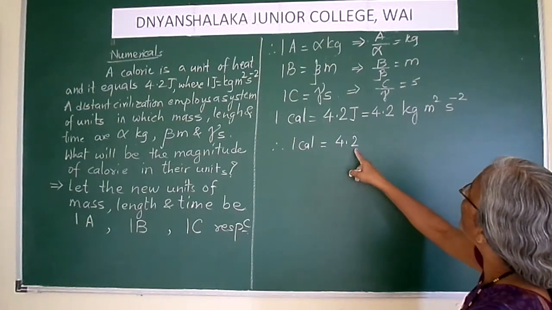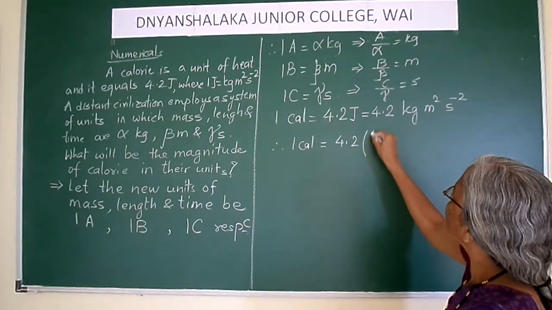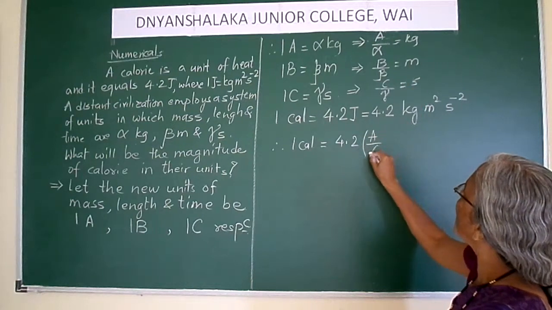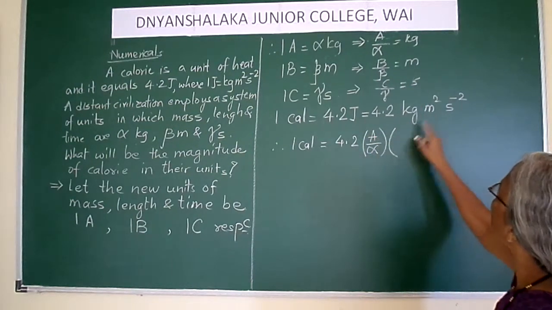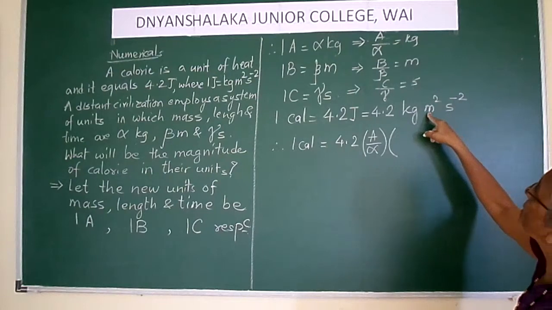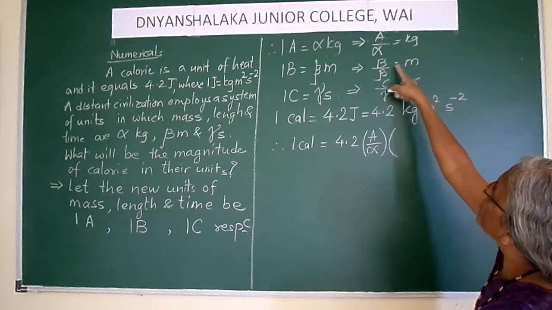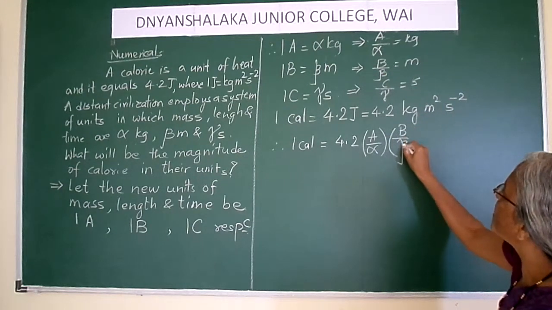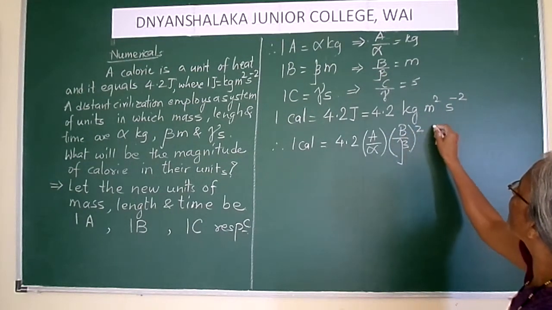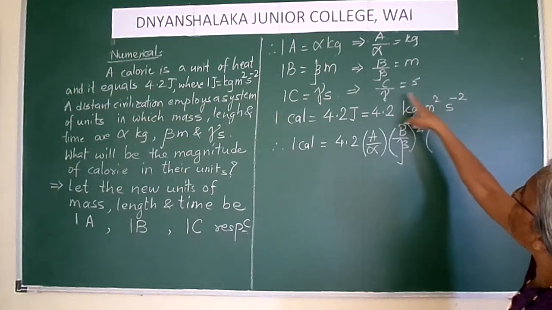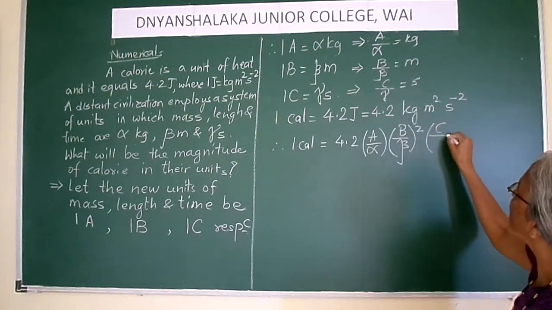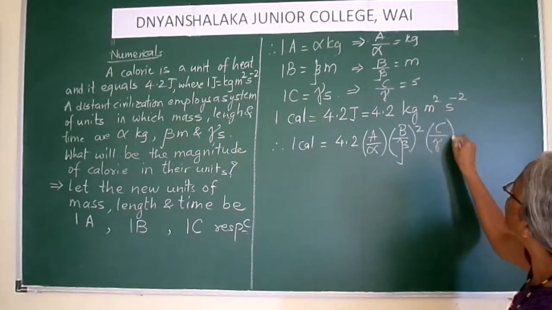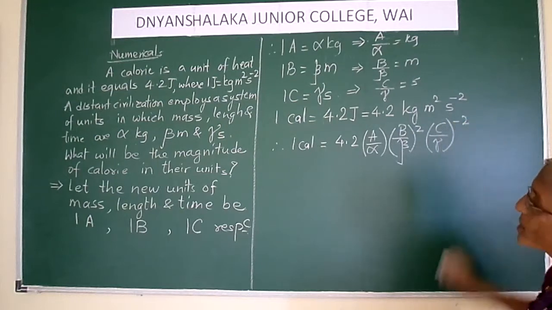This will be 4.2. Now I can write kg as 1 upon alpha into, this is meter square. What is meter equal to? B upon beta. So B upon beta, the whole square, into what is second equal to? C upon gamma. So it will be C upon gamma, the whole raised to minus 2.